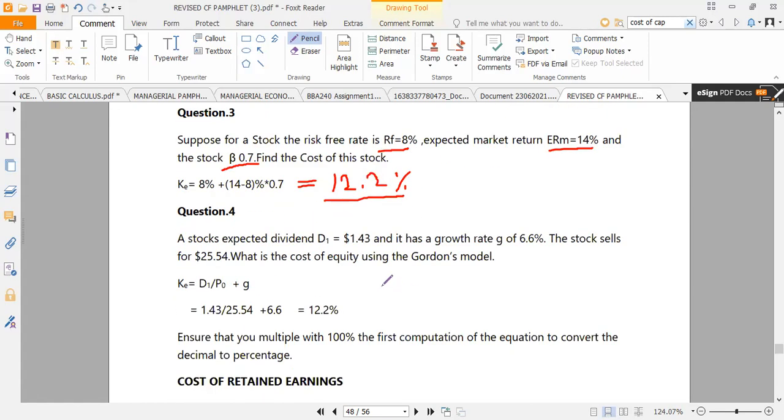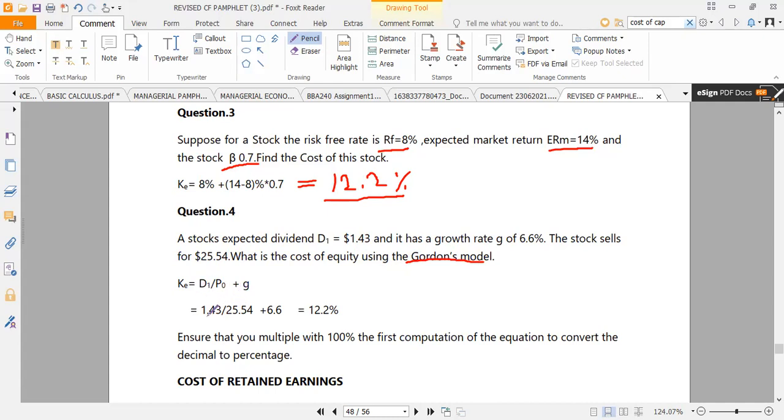Alternatively, this could be calculated as follows. A stock has a dividend D1 of 1.43, a growth rate of 6.6%, and is selling for 25.54. You're being asked to calculate the cost of equity using Gordon's model. So we know that D1 over the price of the stock now, plus the growth rate, is Gordon's model, the dividend model.